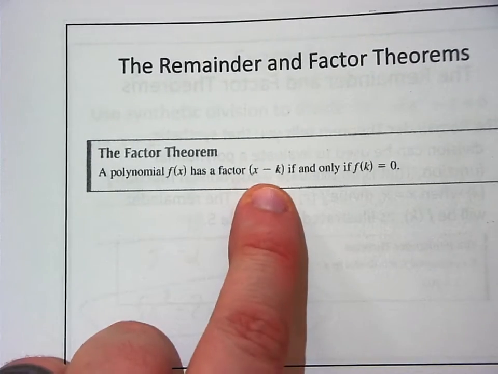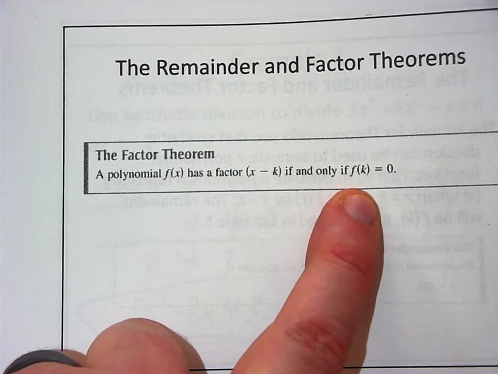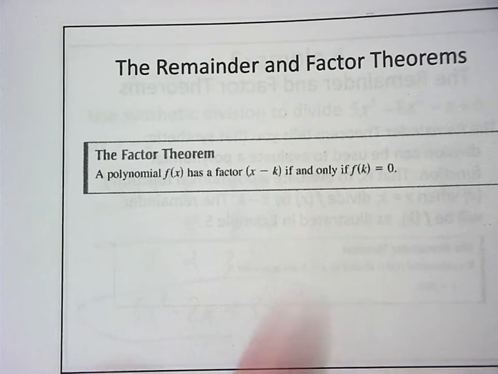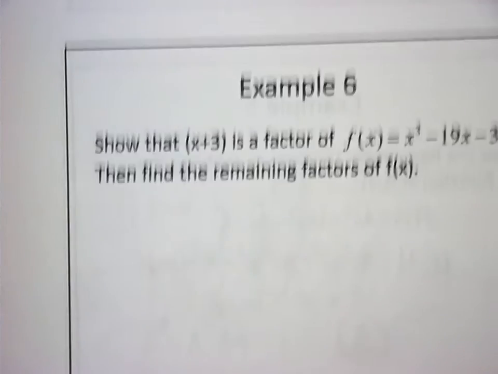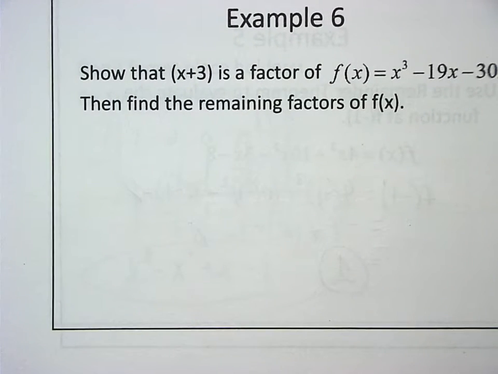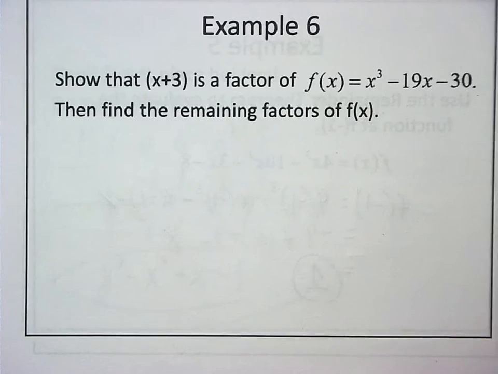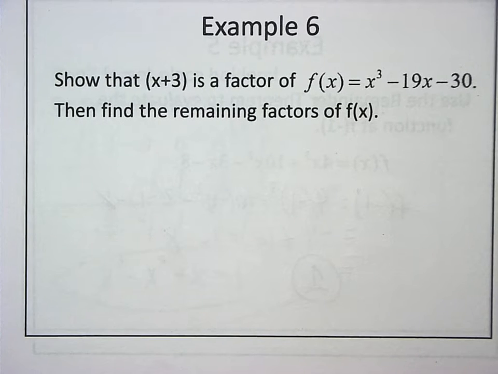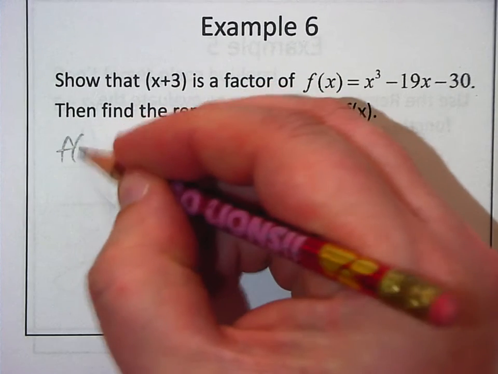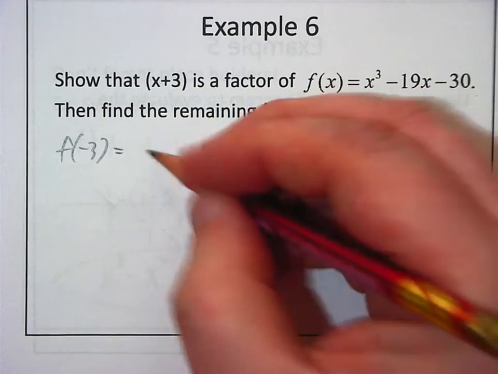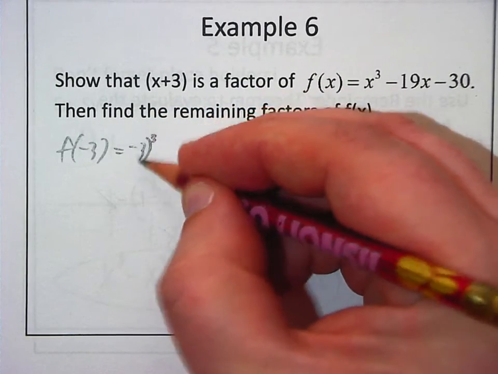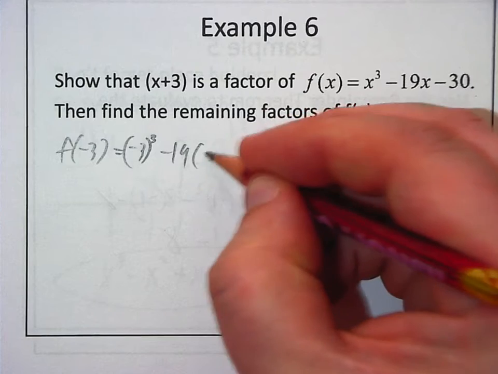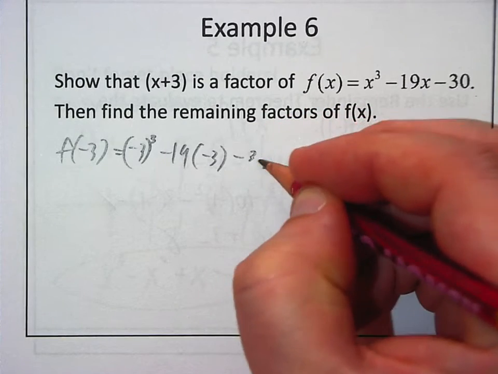If this is a factor of the polynomial, then f of k will give you 0. So this one, I want to show that x plus 3 is a factor of that polynomial. So what would I do? Plug in -3. When I do that, I'm going to have -3 to the 3rd minus 19 times -3 minus 30.